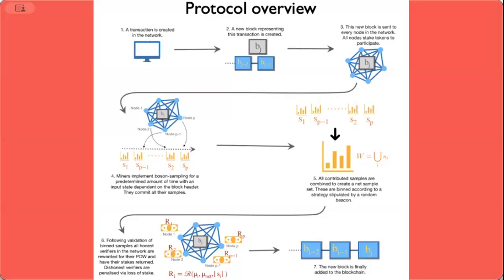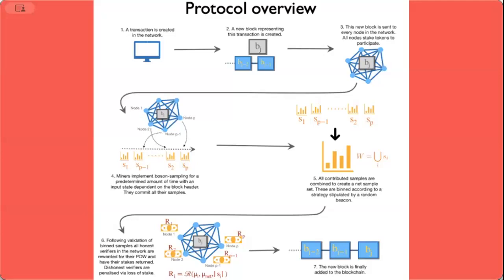So once all of the miners have done their boson sampling, they send all of their samples to the network for everybody else to see, and everybody can now do the same calculation, looking at all of the samples contributed. All of the samples contributed are combined to create a net sample set, and then these are binned randomly in accordance with a random beacon. Now, there are different ways you can do random beacons.